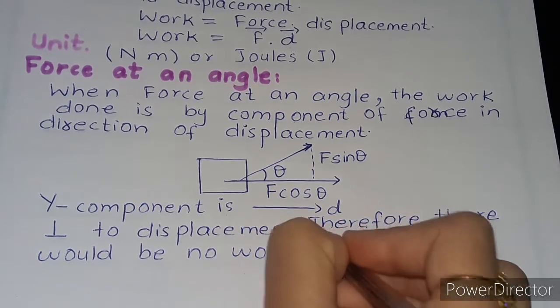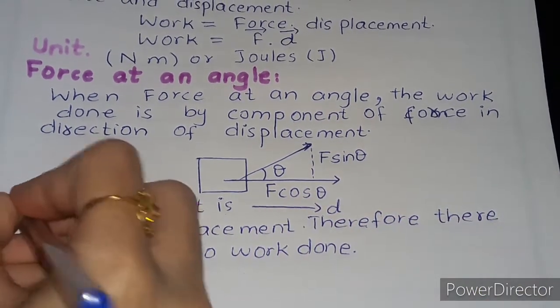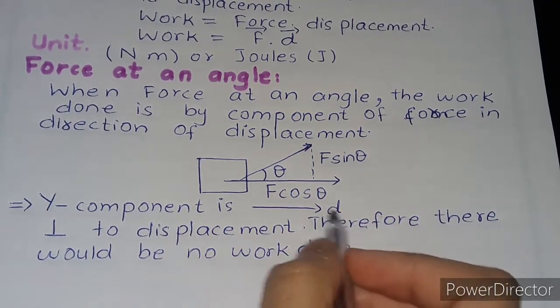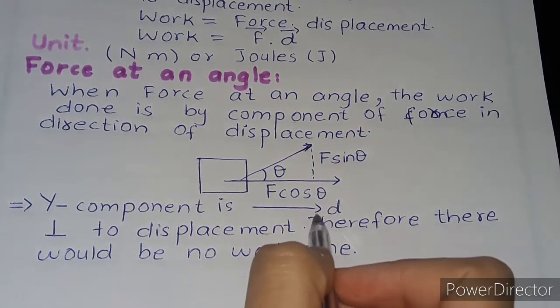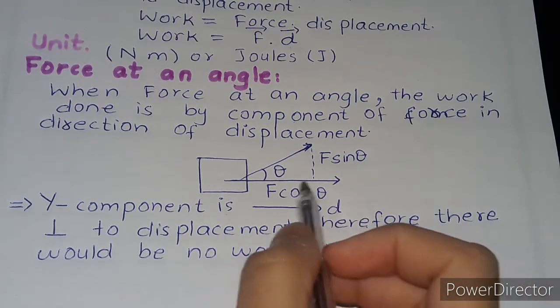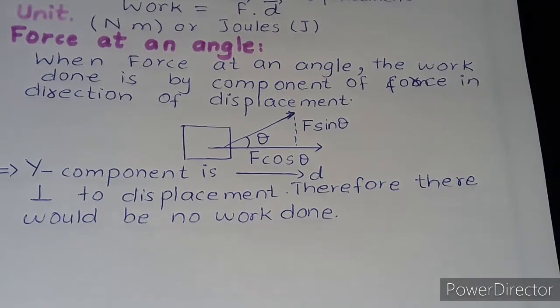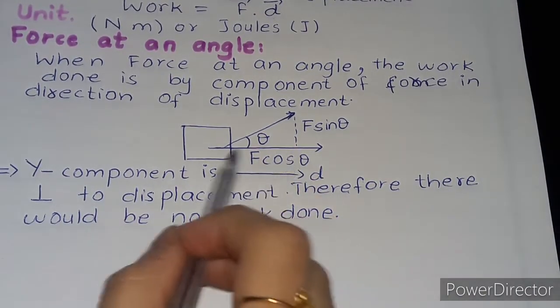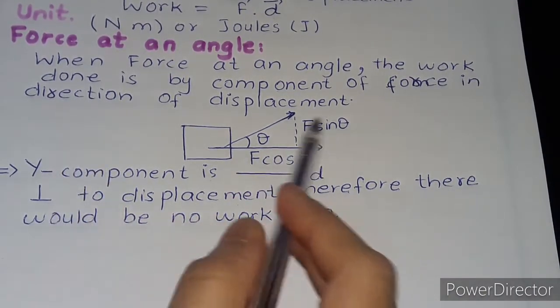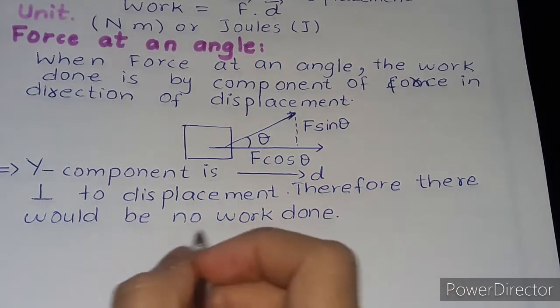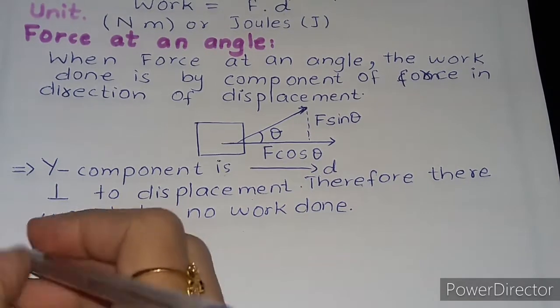But the x component is parallel to, in the same direction of, displacement, so theta is 0. In the y component theta is 90 degrees and in the x component theta is 0 degrees, so there would be work done.